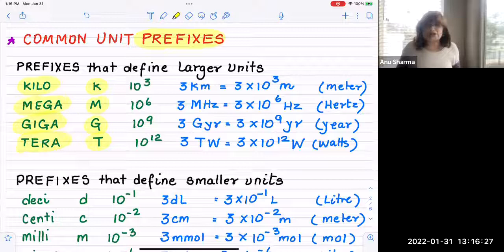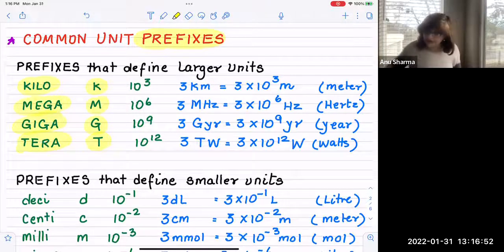HZ is hertz, okay? If we have 3 gigayears, it means 3 times 10 to the power 9 years. If we have 3 terabytes or 3 terawatts, it means 3 times 10 to the power 12 watts.